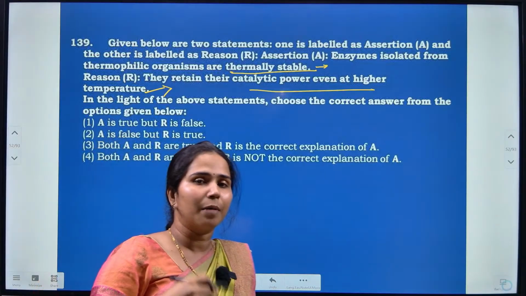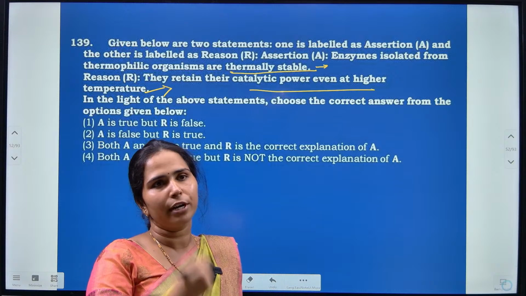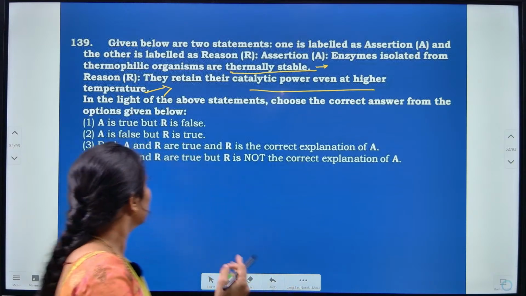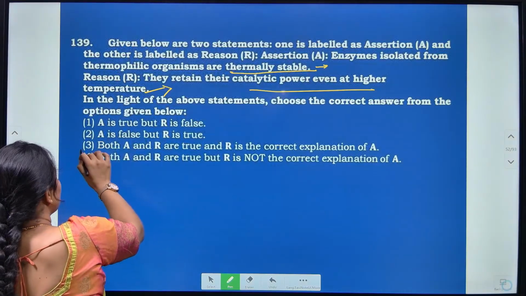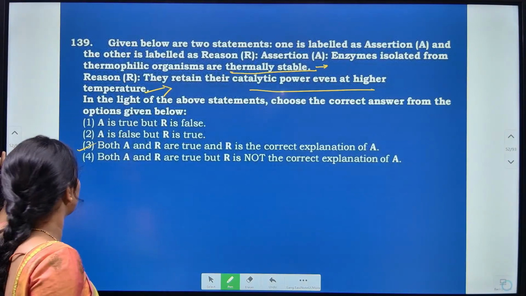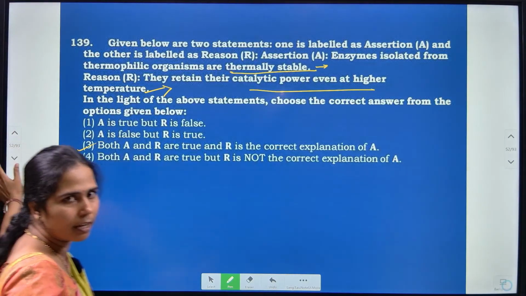When they are present at high temperature, they are still stable enough to continue their catalytic work. So both assertion and reason are true, and the reason is the correct explanation of the assertion. So option 3 will be the right answer.